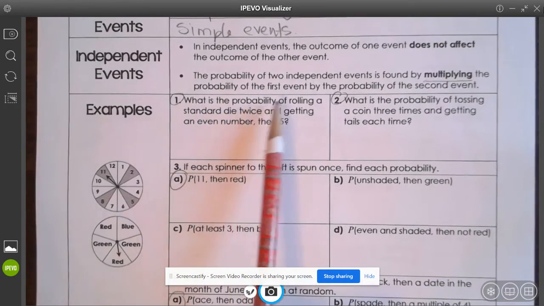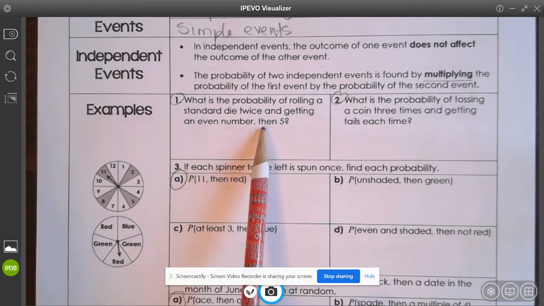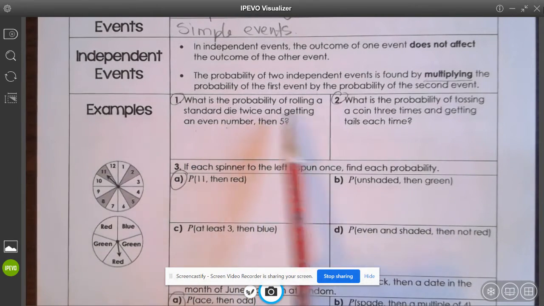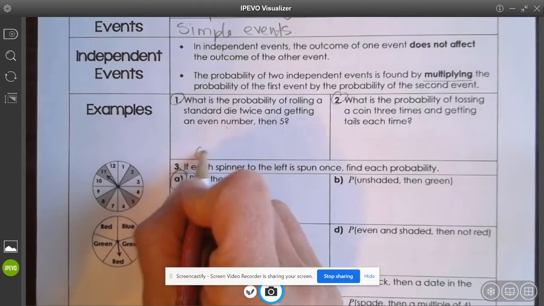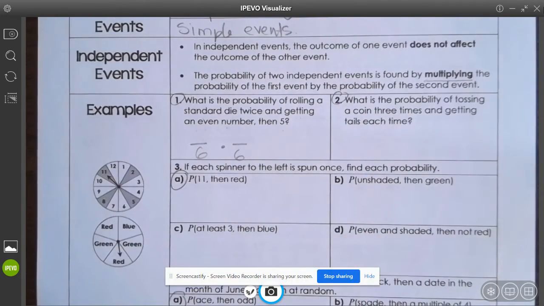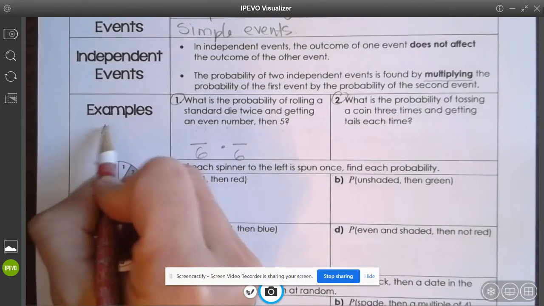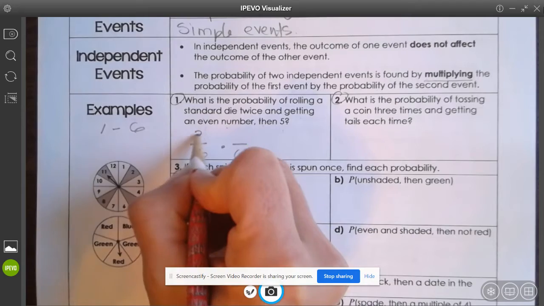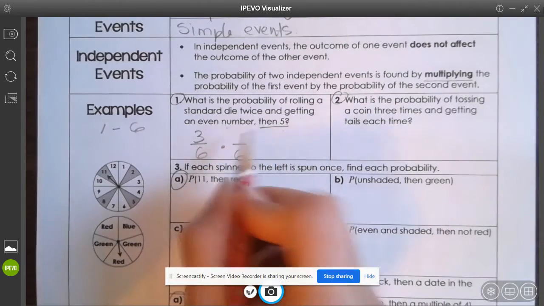So what is the probability of rolling a standard die twice and getting an even number then 5? The probability of rolling a standard die twice, you have two possible scenarios, right? Because there are six numbers, right? That's twice. Now, getting an even number between 1 to 6, there are three numbers that are even, and then getting a 5, it's one.